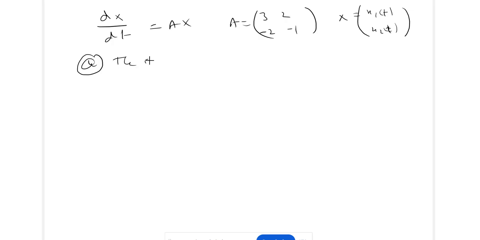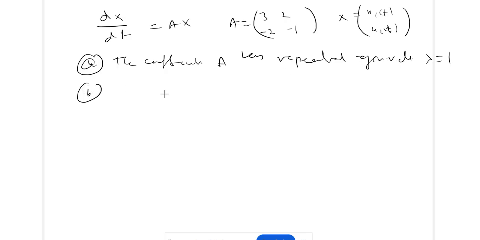So the coefficient matrix A has a repeated eigenvalue for lambda equal to 1. Option B பார்த்தீங்கன்னா there is only one linearly independent eigenvector.